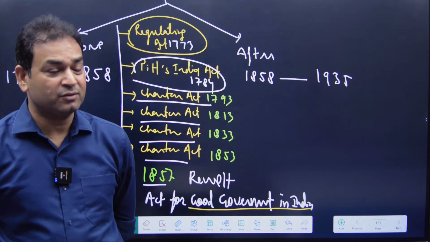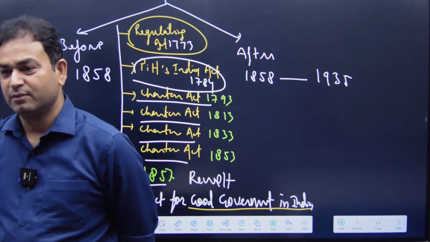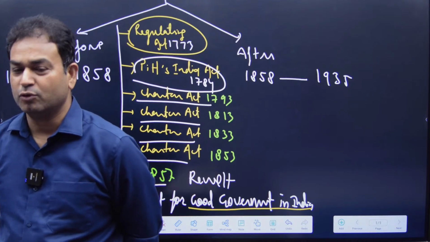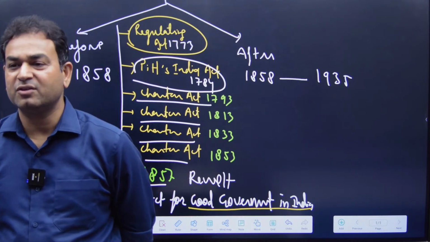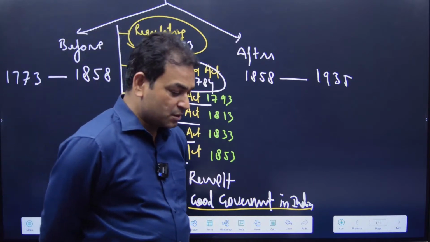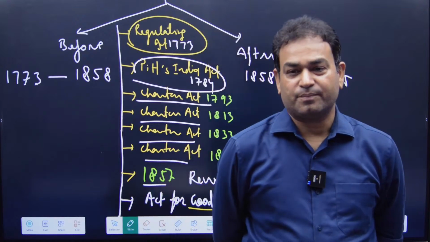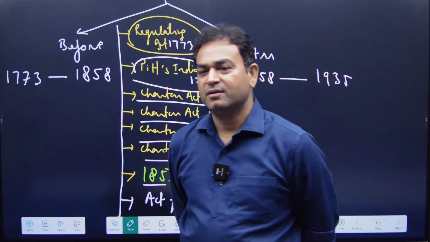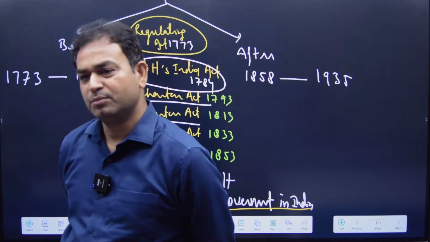And after the Battle of Buxar in 1764, the whole territory was indirectly under the subordination of the British.